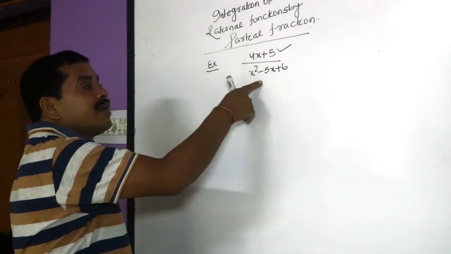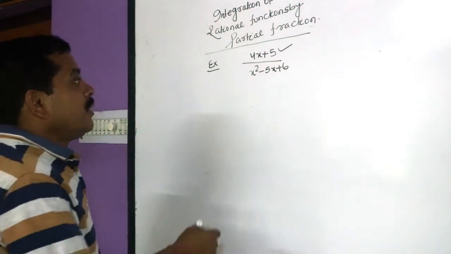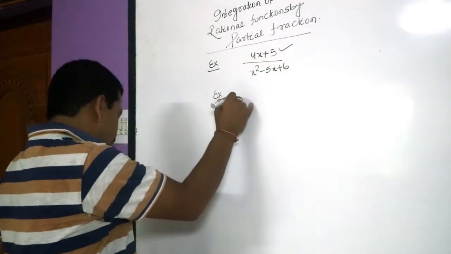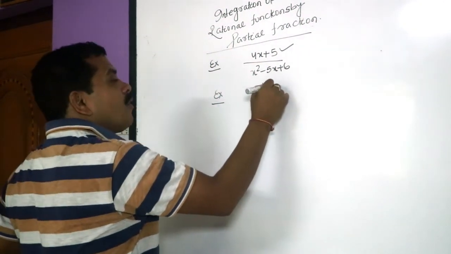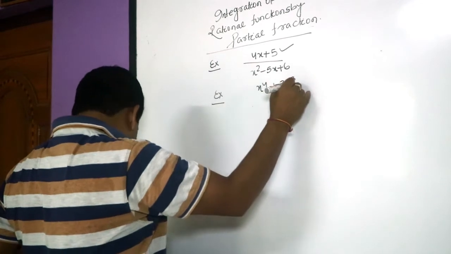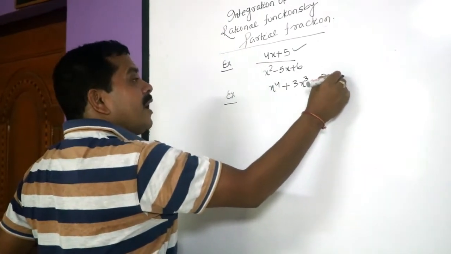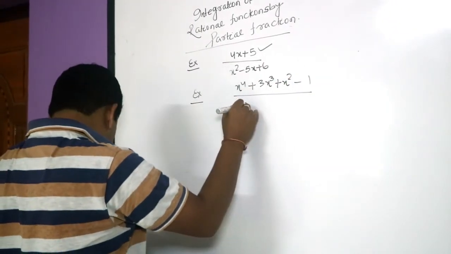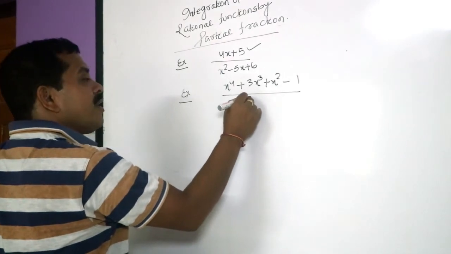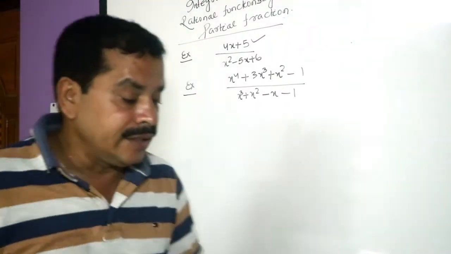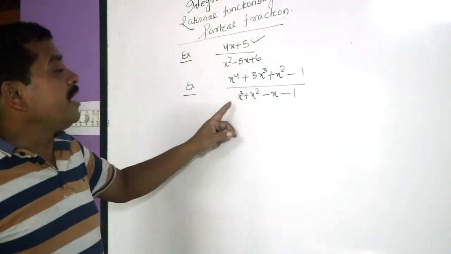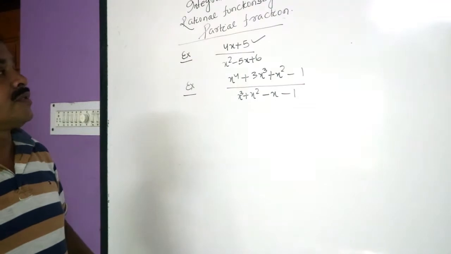So it is a proper rational function. If the rational function is of the form (x4 plus 3x cube plus x square minus 1) by (x cube plus x square minus x minus 1), this is an improper rational function.